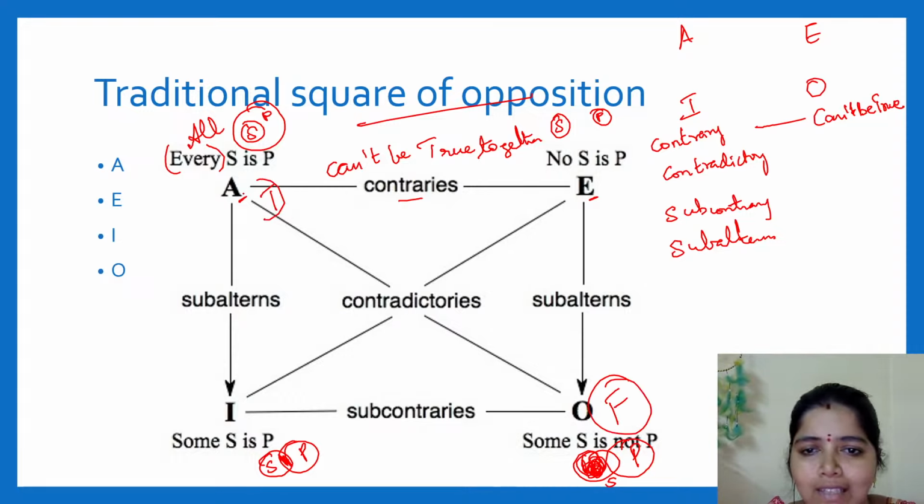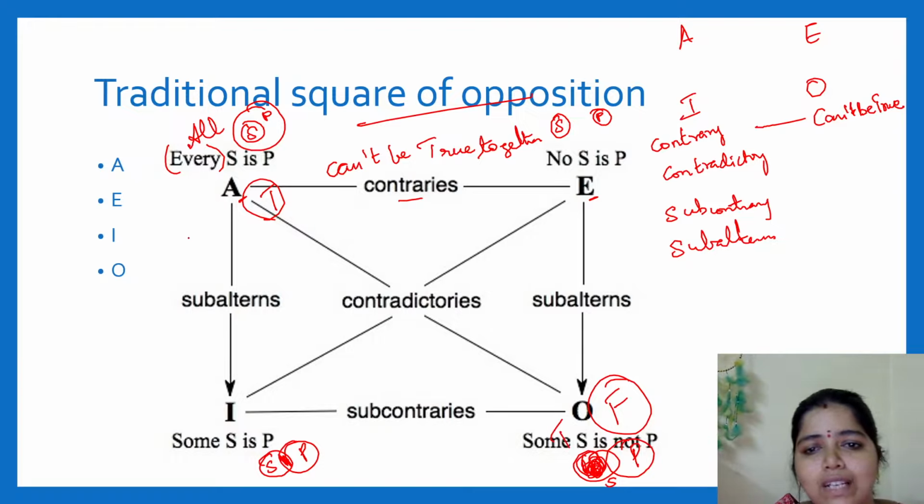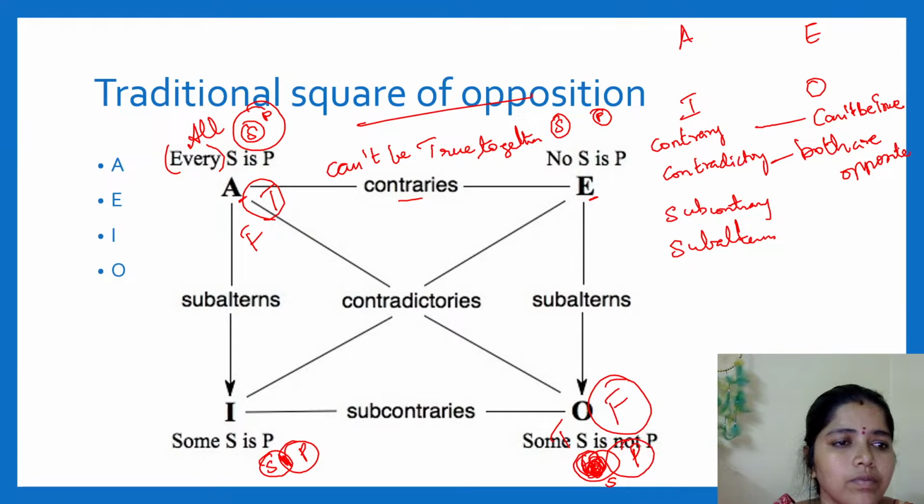That we call contradictory. Both are opposite to each other. If I say this statement is true, definitely this statement will be false. Both are opposite to each other, and that we call contradictory.